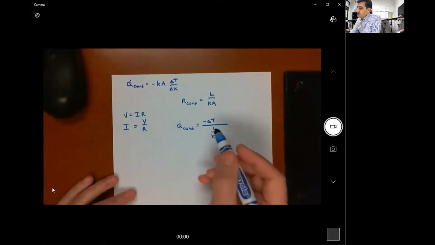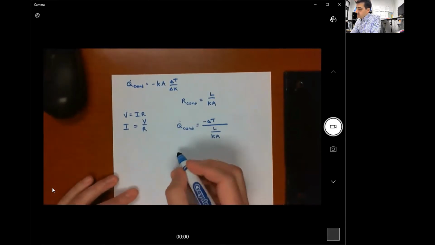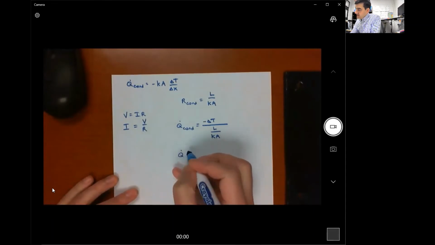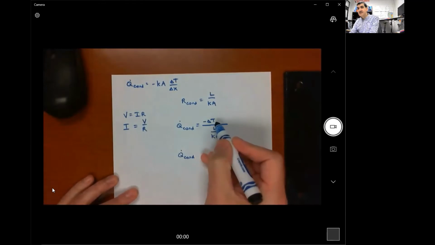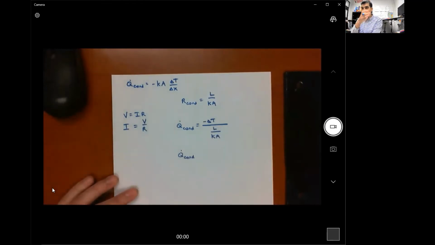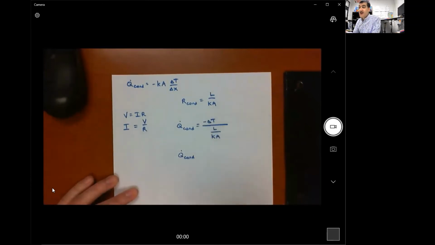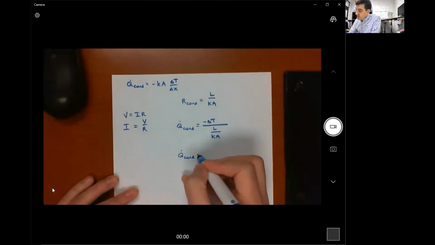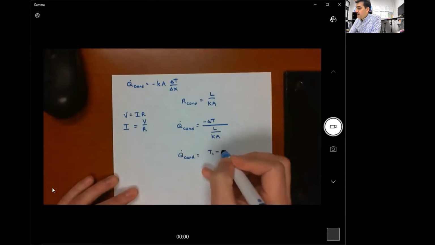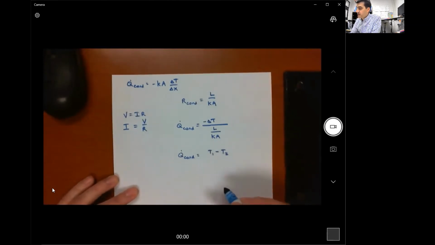All right. So that's almost the last thing we did, but just to make things a little bit simpler, we say delta T would be T2 minus T1, the final minus the initial temperature. So let's get rid of that negative sign by taking negative delta T, which is T1 minus T2. Now we don't have the negative sign out front.